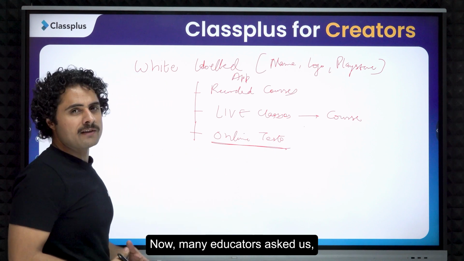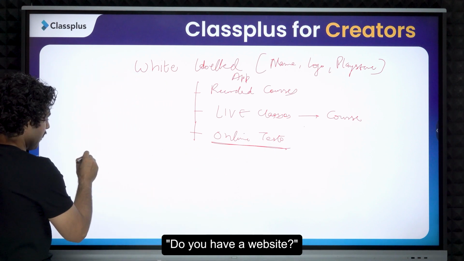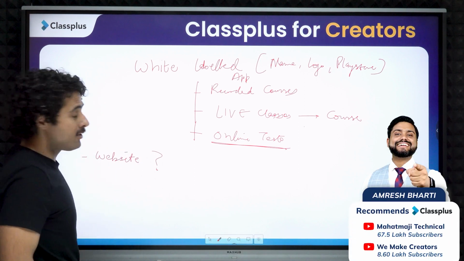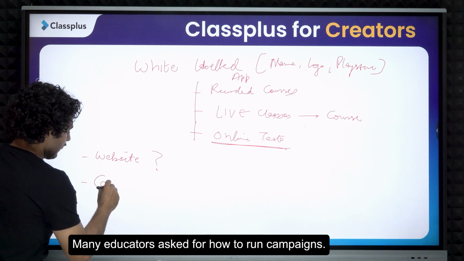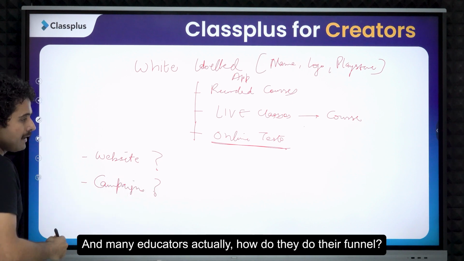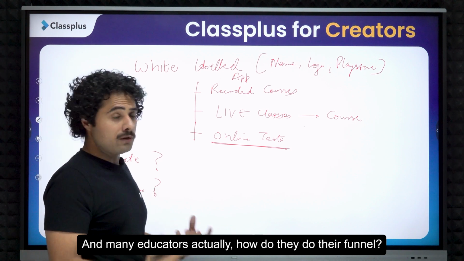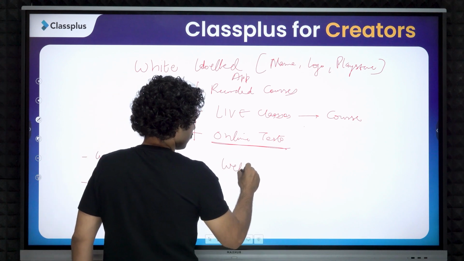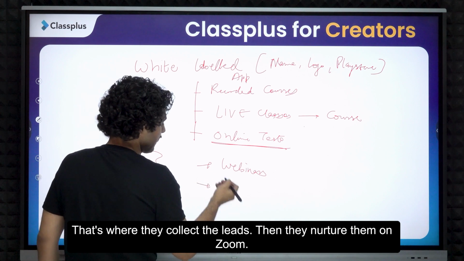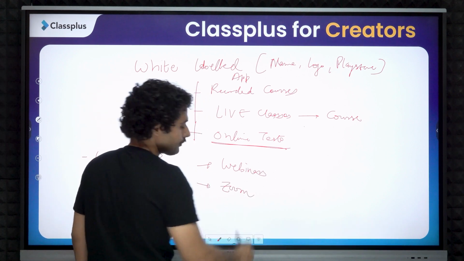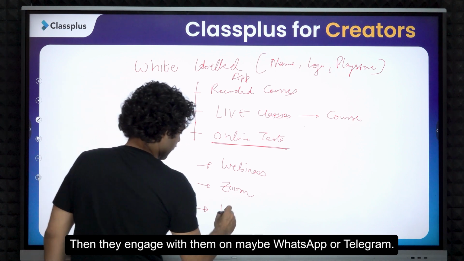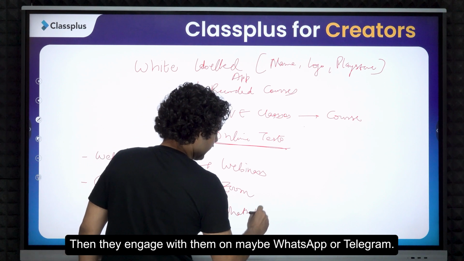Now, many educators asked us, do you have a website? Do you give a website? Many educators asked how to run campaigns. And many educators, how do they do their funnel? They conduct webinars. That's where they collect the leads. Then they nurture them on Zoom. Then they engage with them on maybe WhatsApp or Telegram.